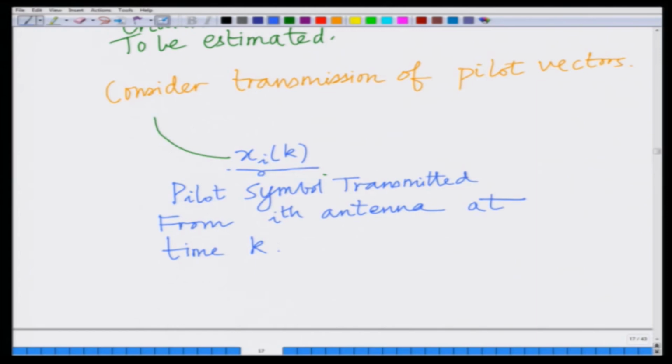So, now we have multiple antennas, we cannot consider the transmission of a single pilot symbol.